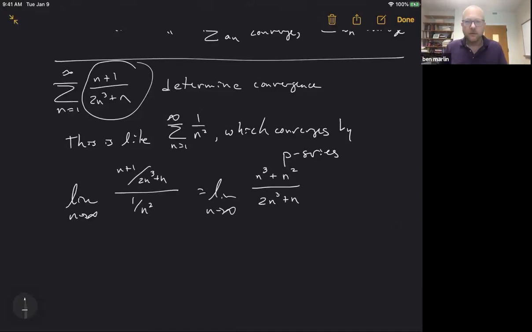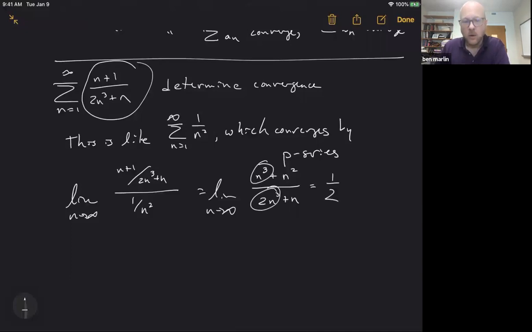If you are super OCD and you want to go through all the stuff of doing L'Hopital's rule, you can totally do that. Or you could say highest powered terms on top and bottom are the power of 3. I just need to divide leading coefficients, and I have 1/2.